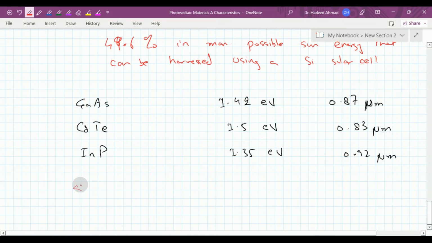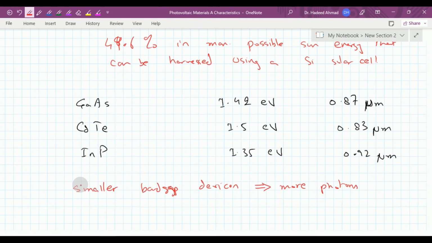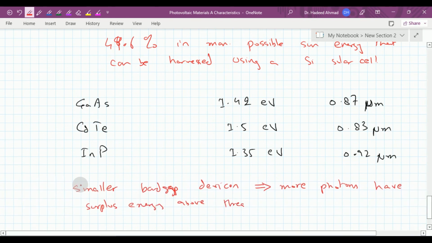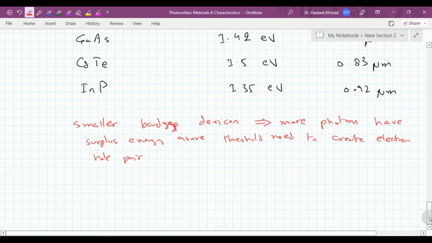So the smaller band gap devices mean more photons have surplus energy above the threshold needed to create an electron-hole pair, which accounts for a wastage, and therefore the small band gap devices can provide a large amount of current at a relatively low value of the voltage.